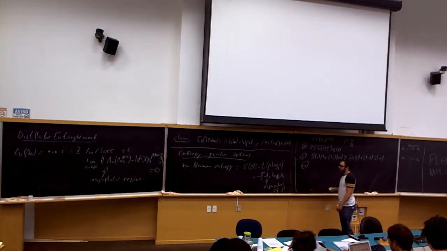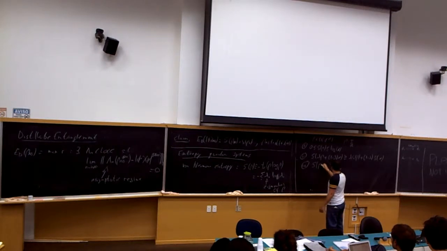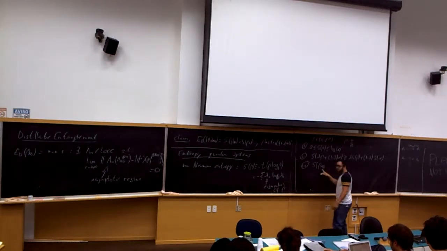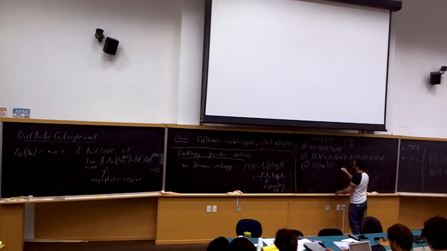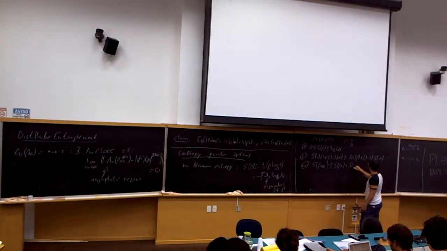It also satisfies a property called sub-additivity. For that we consider a bipartite state: the entropy of the bipartite state rho AB is always smaller than the entropy of rho A plus the entropy of rho B, the sum of its parts.